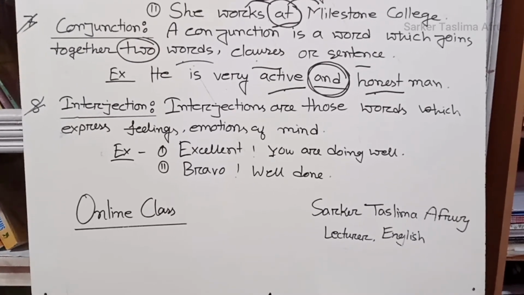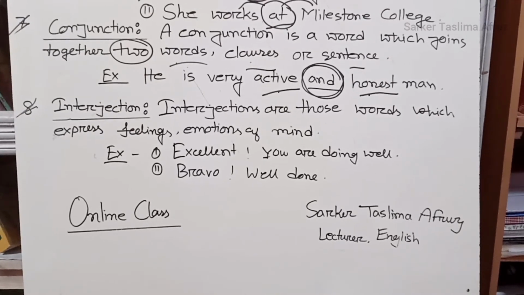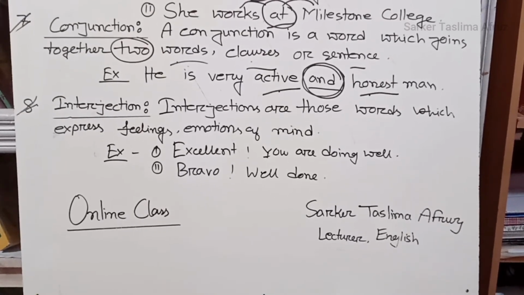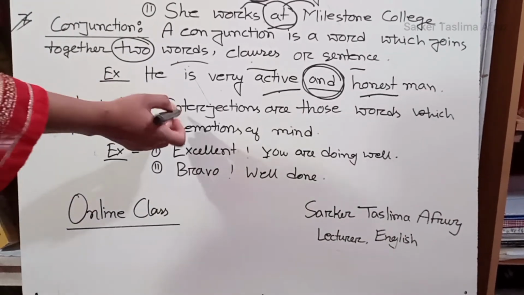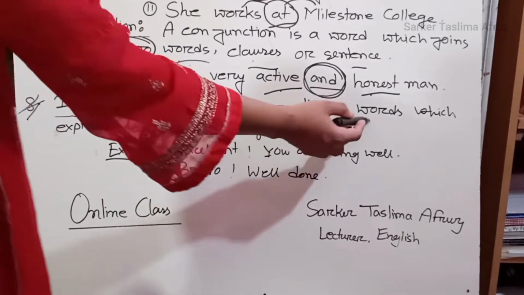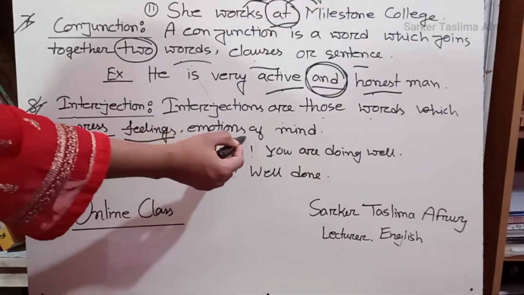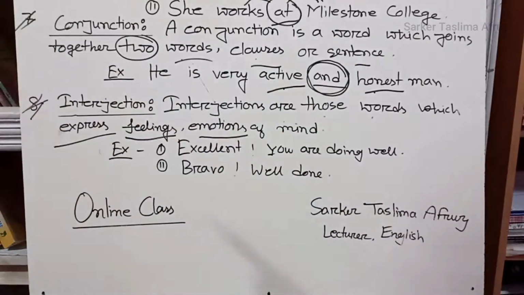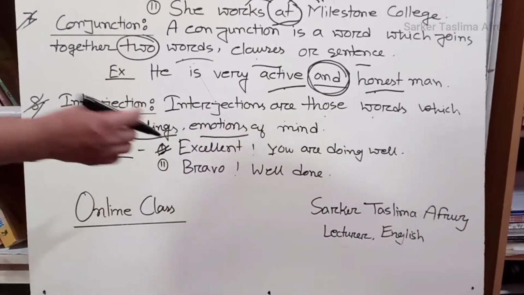And after an interjection, an exclamation sign is used. So dear students, now we can say interjections are those words which express feelings and emotions of mind. Here are some examples for you. First one is, excellent.